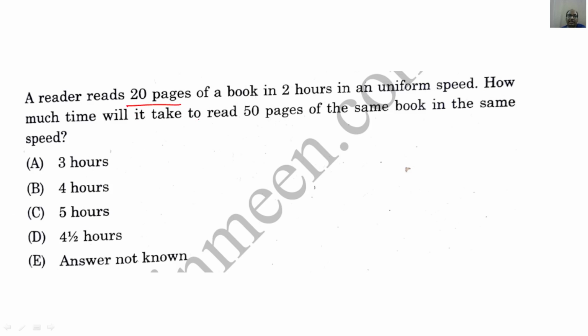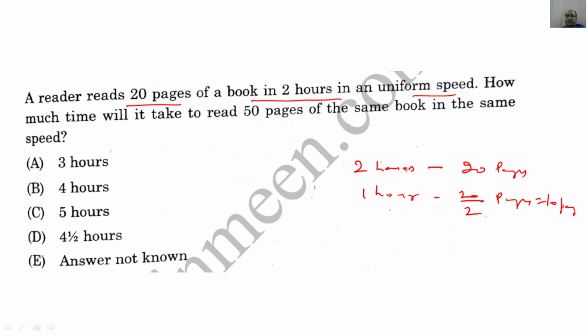A reader reads 20 pages of a book in 2 hours at a uniform speed. If there is a uniform speed, it means in 2 hours, 20 pages. So 1 hour, 20 by 2, this is the speed, that is 10 pages. Right?